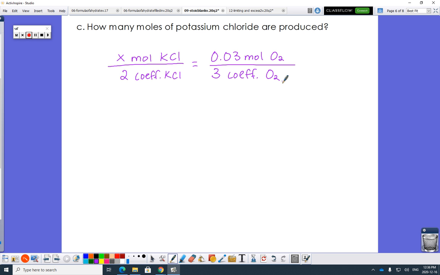So 0.03 divided by 3 is 0.01. And then to get rid of the 2, you have to multiply.